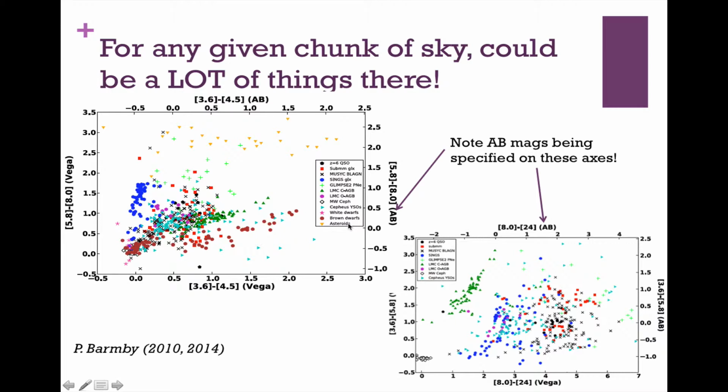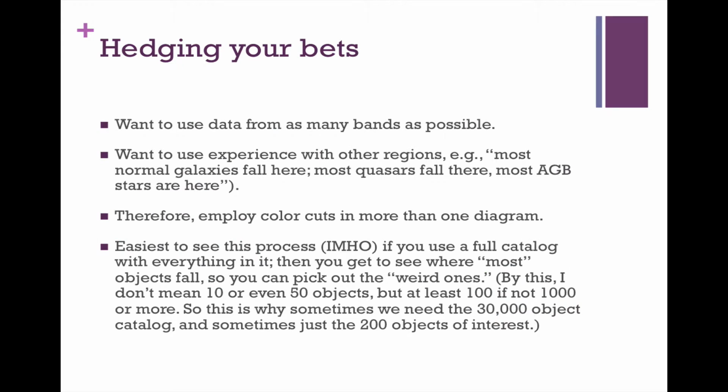And they all overlap. It is tough to separate these different populations if all you have is 4 bands or less of IRAC. You want to try to use as much information as you possibly can to separate out these various populations. So this is just saying, again, you want to use data from as many different bands as possible. You want to use your experience with other regions, such as normal galaxies fall here, quasars fall there, AGB stars here.